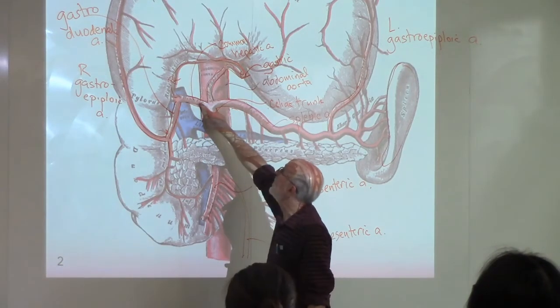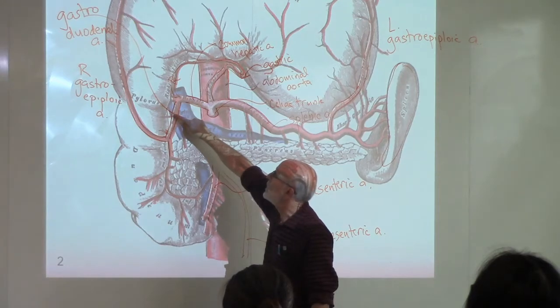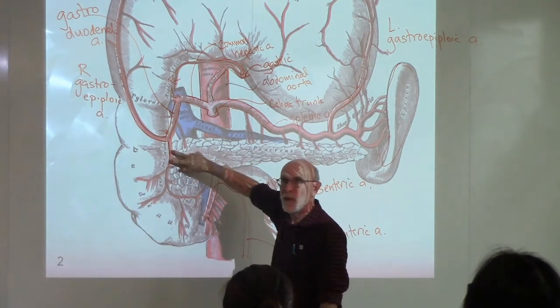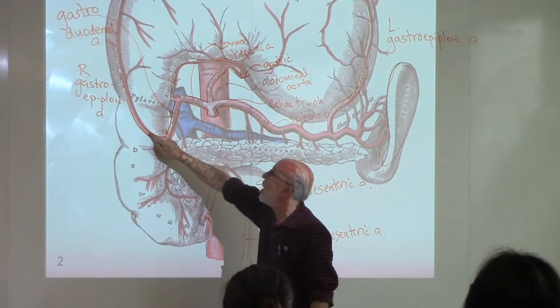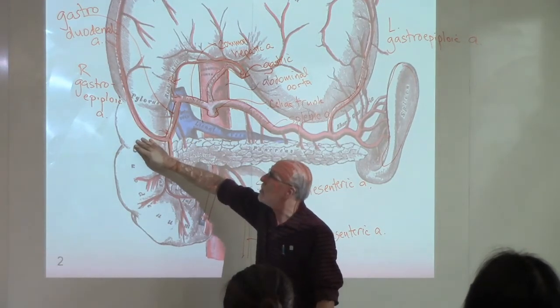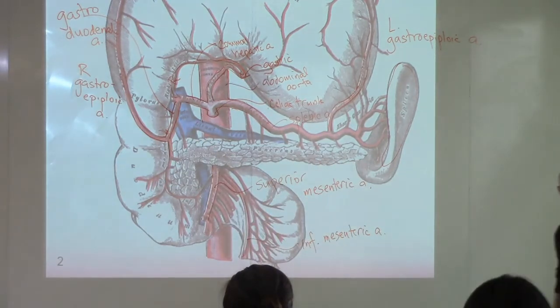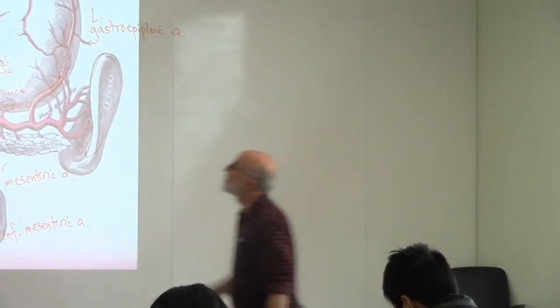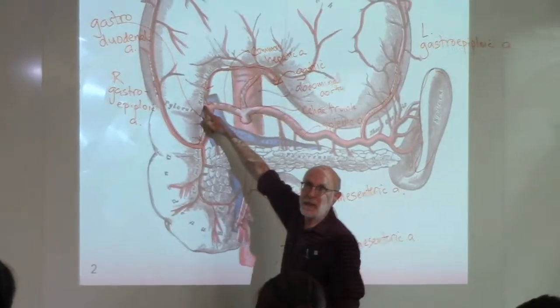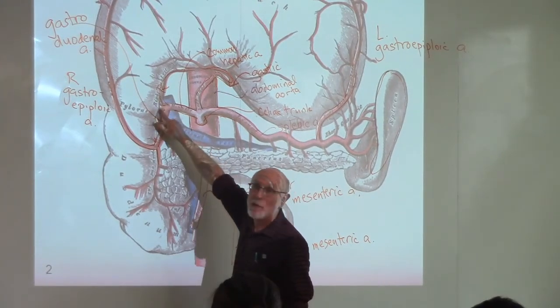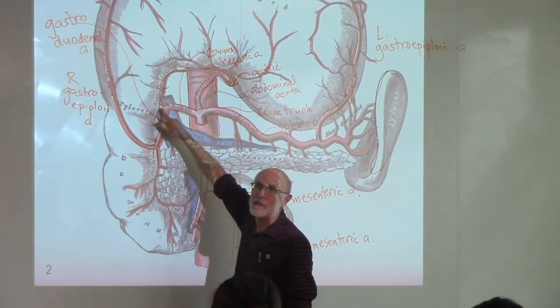This is the common hepatic. This is the gastroduodenal that provides an artery here that I'm not asking you to know the name of. I can give it to you if you want, but it's not a part of the assignment. But this right gastroepiploic comes off of the gastroduodenal. Well, right there, that little bit hiding behind the stomach, is where the upper hepatic artery starts.